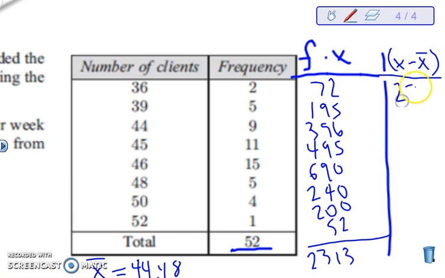So I get 27.5, 150.5, and I'm rounding here. So 311.5, 450.5, and so forth.